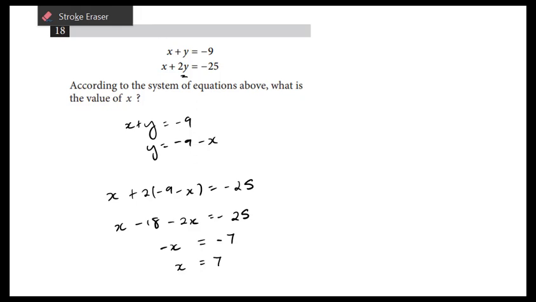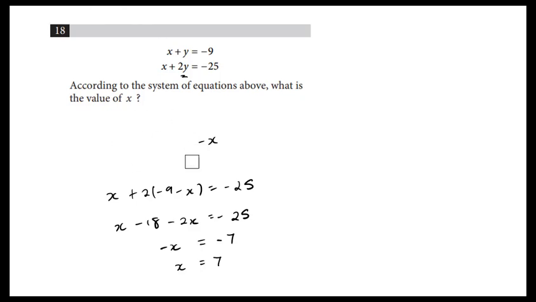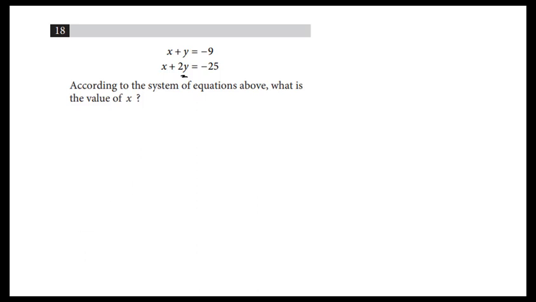Okay, let's just do elimination instead of substitution. If I'm trying to solve for x, then let's make this 2x plus 2y is minus 18, and x plus 2y is minus 25.